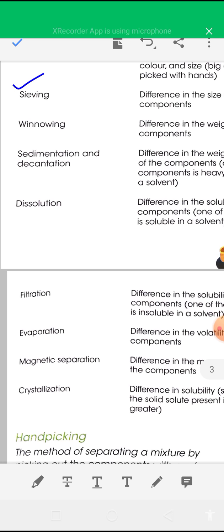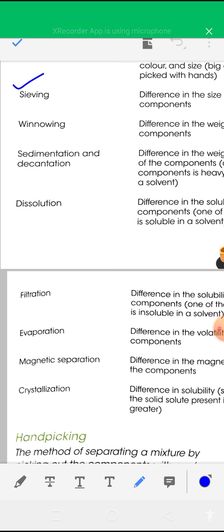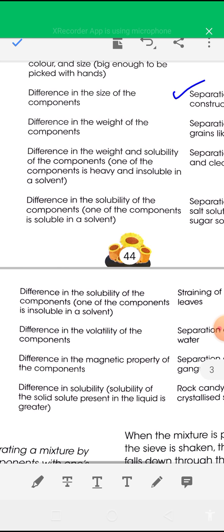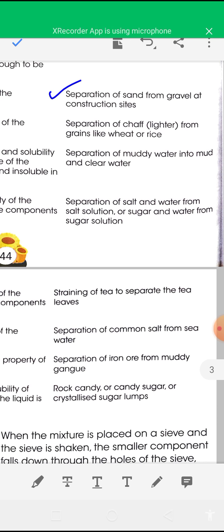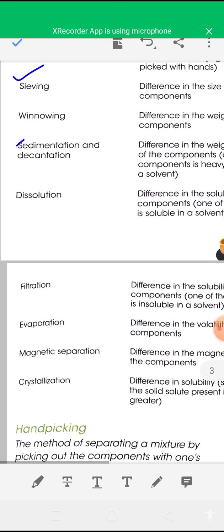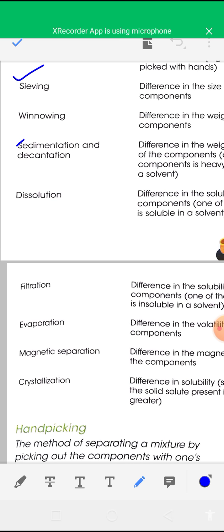Next method is sedimentation and decantation. The principle is difference in weight and solubility of the components. One component is heavy and insoluble in a solvent. Example, separation of muddy water into mud and clear water. Next method is dissolution.